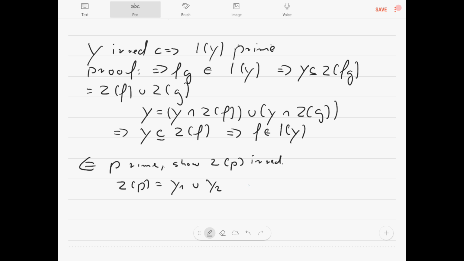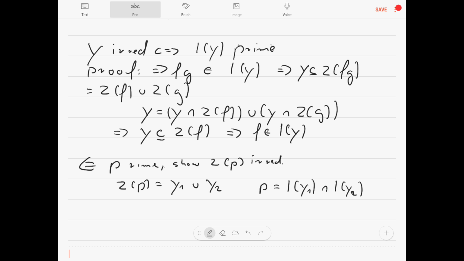Okay, since Z of P is Y1 union Y2, P has to be the intersection of I of Y1 and I of Y2.